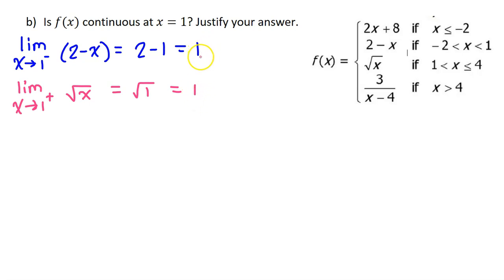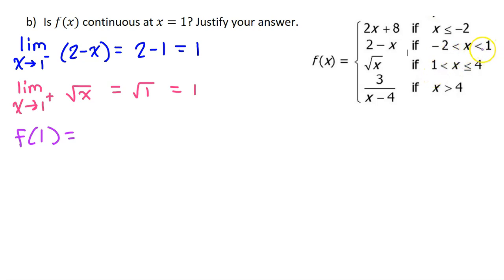So far we have proven that the limit as x approaches 1 exists because the limit from the left is equal to the limit from the right. However, to prove that f of x is continuous at x equals 1, we must show that the value of f at 1 is also equal to 1. Which piece applies at x equals 1?